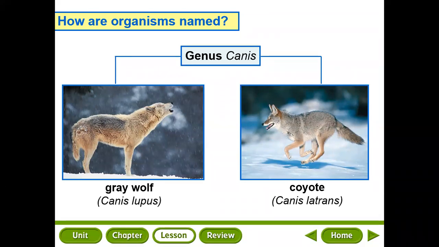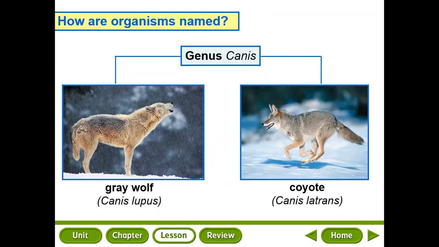Species in a genus have different traits, such as color. It has a color different from others. Red wolves, we can see red wolves are Canis rufus. This kind is Canis rufus, and members look similar to the others.